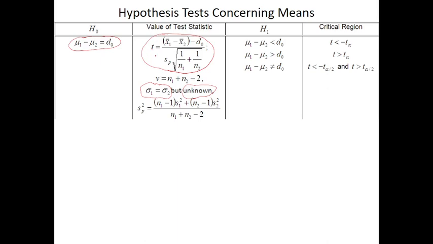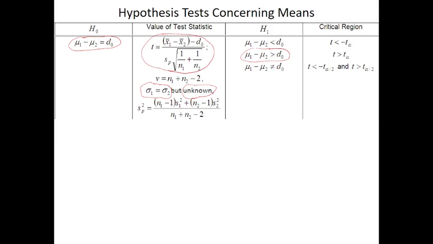For the alternative hypothesis, mu sub 1 minus mu sub 2 is greater than d sub 0. Since the problem asks at 0.05 level of significance, can we conclude that mu sub 1 minus mu sub 2 is greater than 2 units?